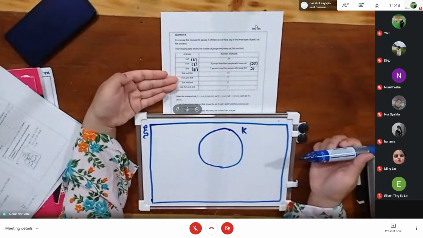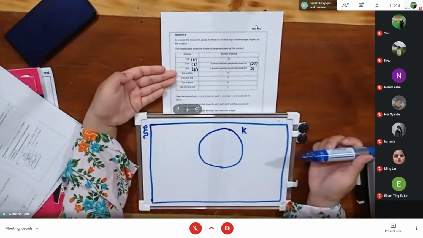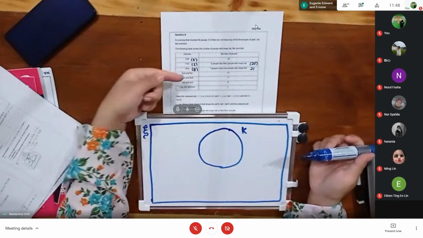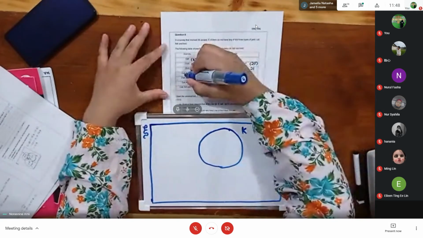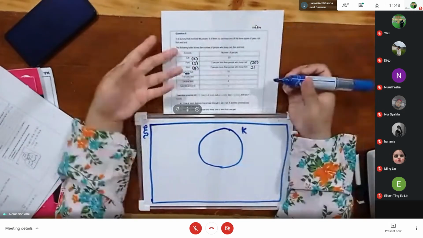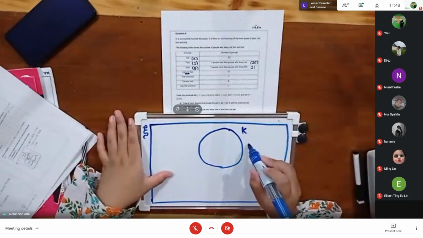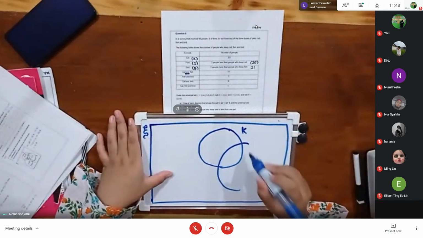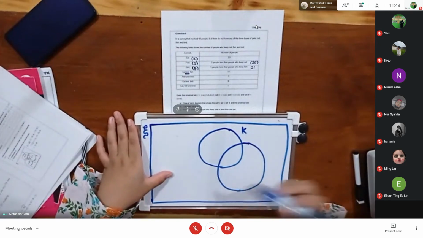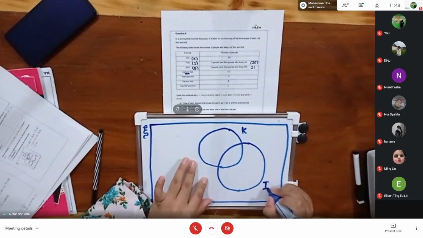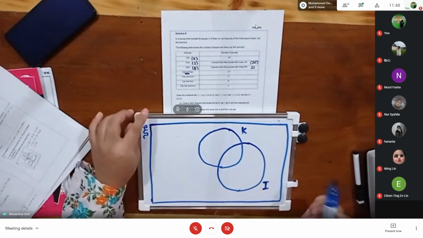From the table, there is an intersection between cat and fish because it says cat and fish. The keyword is "and". If it's "and", that means intersection. So we draw the intersection here. Then this circle will represent fish. I will label it with letter I.